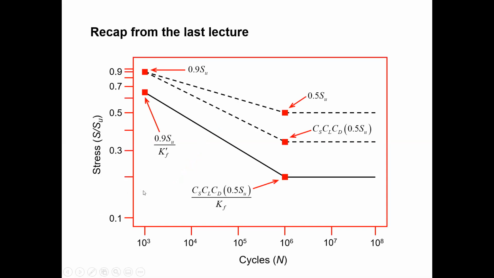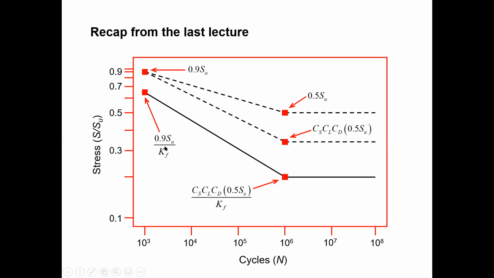But if there is mean stress, this is the nature. We discussed this curve in one lecture, and this one in a second lecture, and this is the third one. This is the thing with the stress concentration factor, if only alternating stress is available on the element.